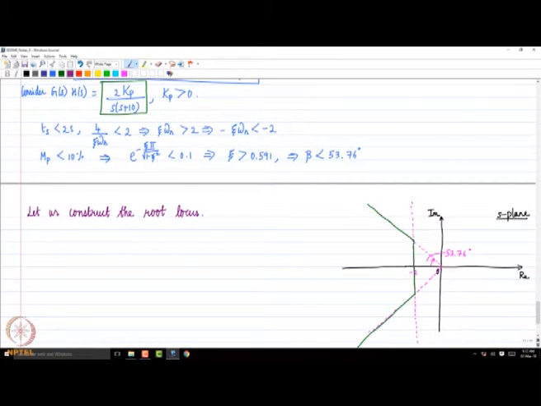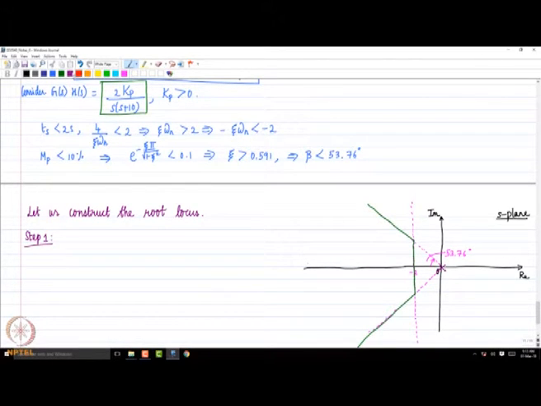Okay. So step 1, what is the first step? You locate the open loop poles and open loop zeros in the S plane, right. So where are the open loop poles? There is one open loop pole at the origin, and let us say this is minus 10, but let me extend it a little bit.